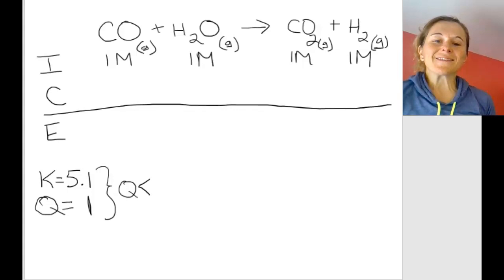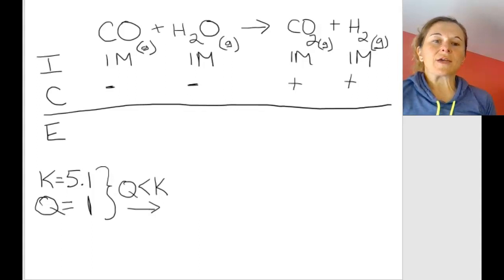Q is less than K. And so we're going to have a shift to the right. We're going to need to make more product. So that means our reactants are going to reduce and our products are going to increase.